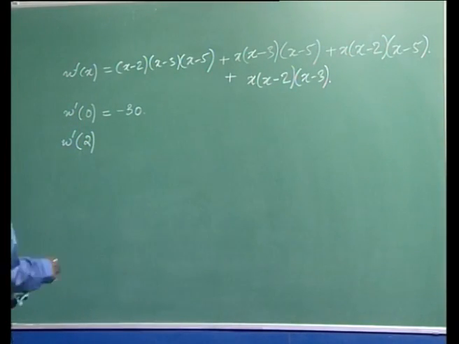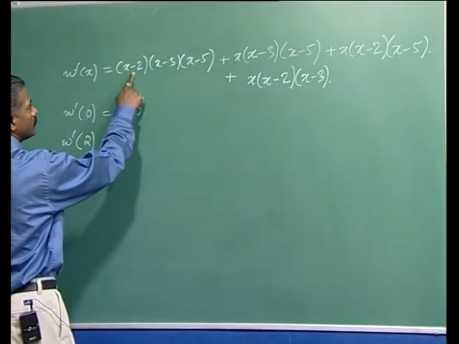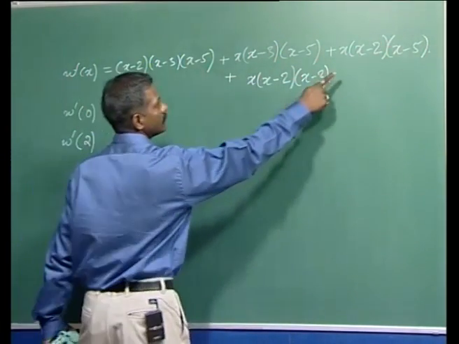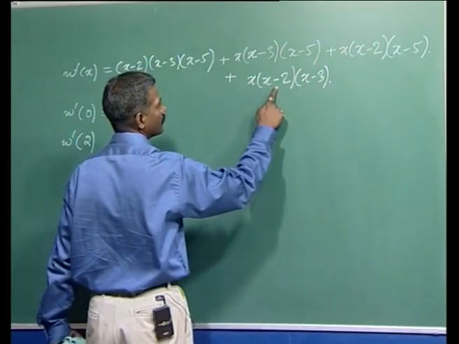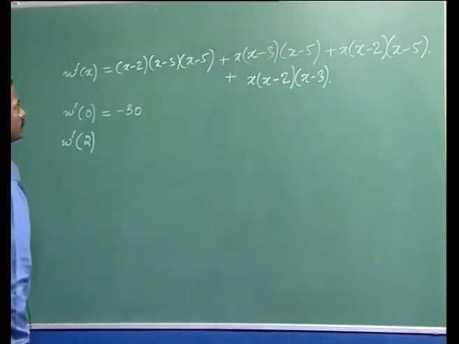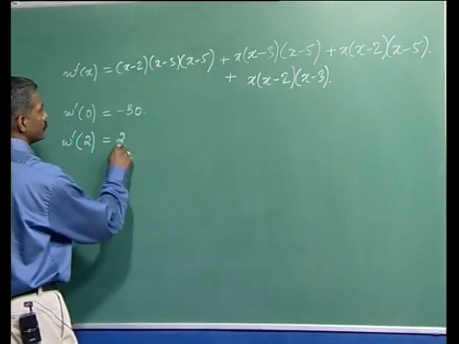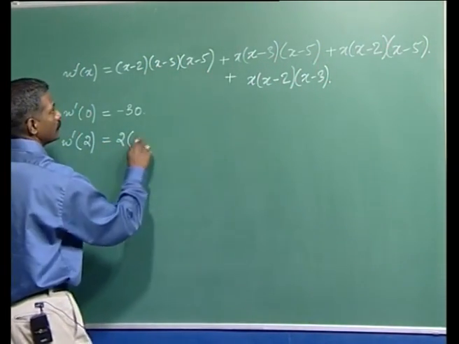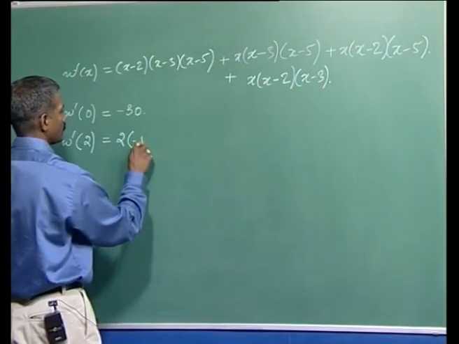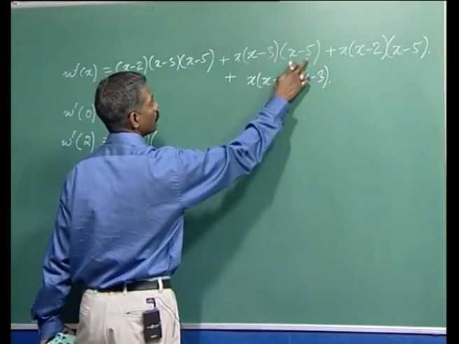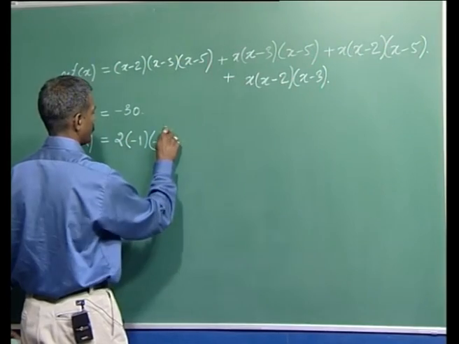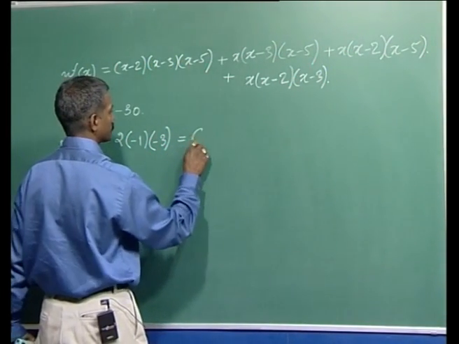Now here, if you notice, this term will vanish, this one and this one, they'll all vanish. What am I left with? This is equal to 2 times 2 minus 3, which is minus 1, and 2 minus 5, which is minus 3. This is equal to 6.